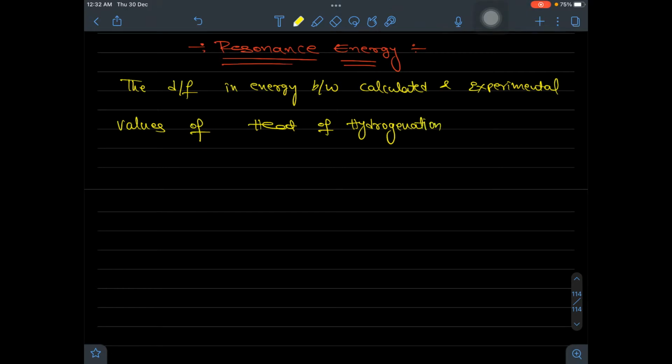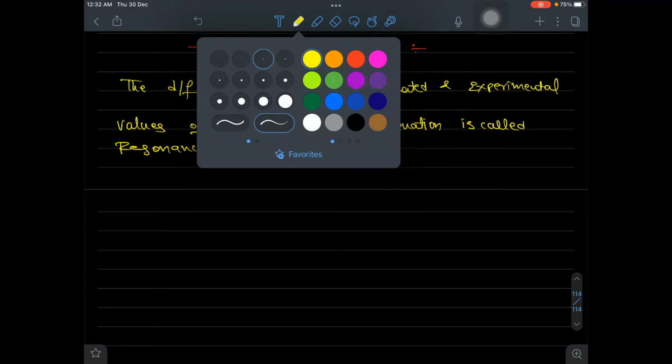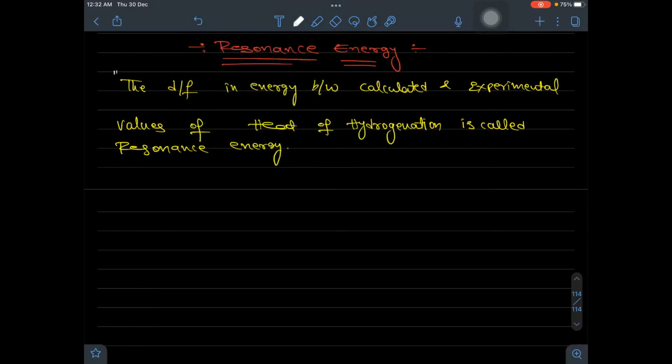This is called resonance energy. This resonance energy comes due to delocalization of pi electrons.